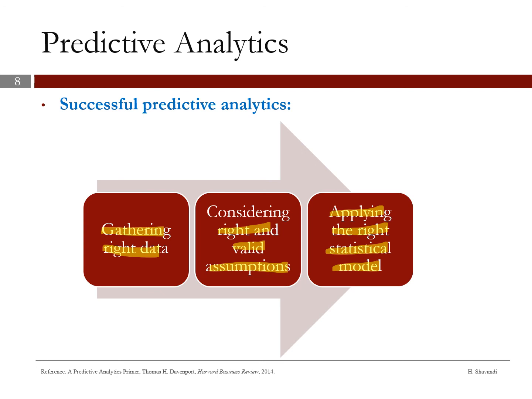Without having knowledge of statistics and without knowing the features and properties of each statistical method, you are not able to apply the right statistical model. So these are the main things in order to make sure that we are doing predictive analytics right.